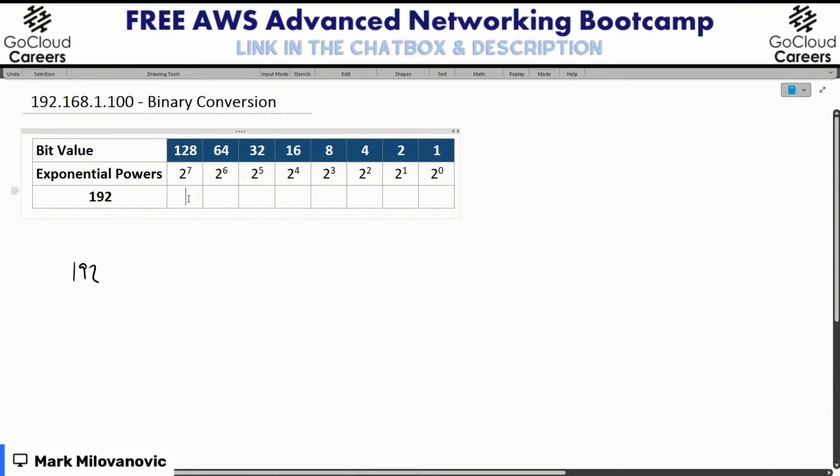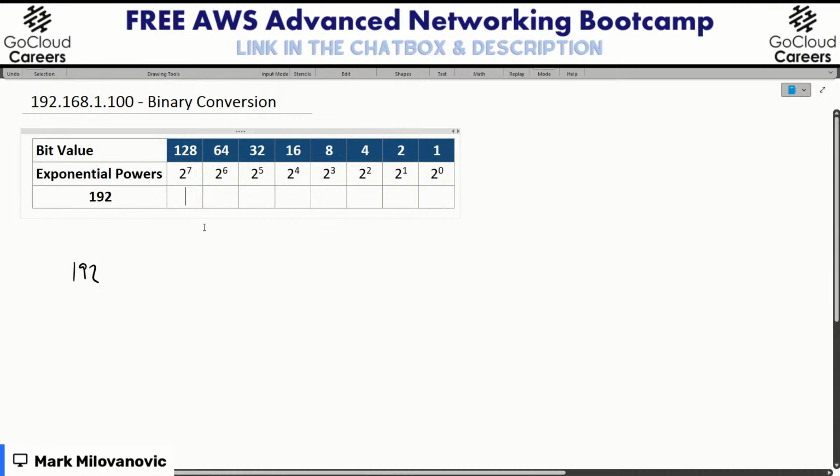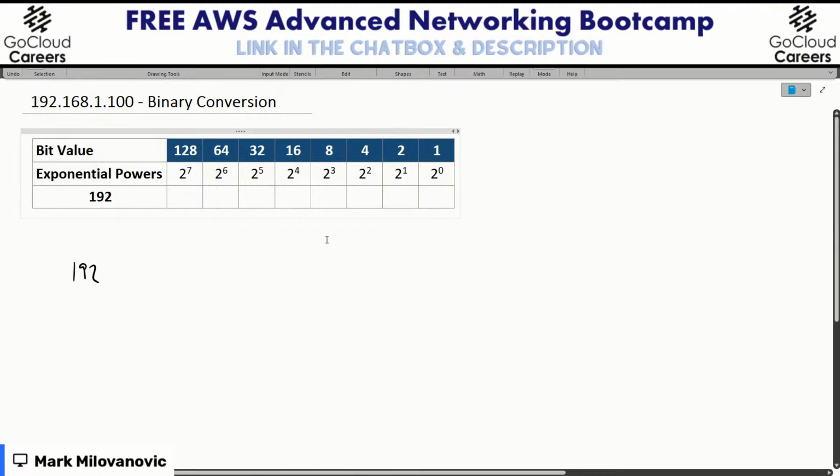128. So if you remember, I said 1 means on, which means pay attention, and I said 0 is off, or ignore. So if I only have the 0 and the 1, what number would I place in there if I want to pay attention to the decimal value of 128?